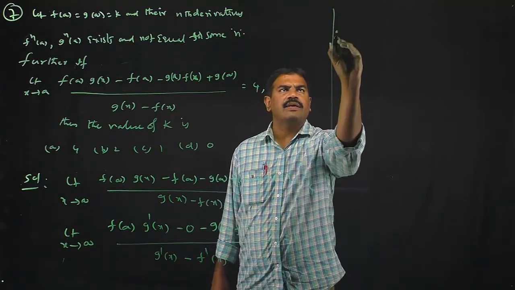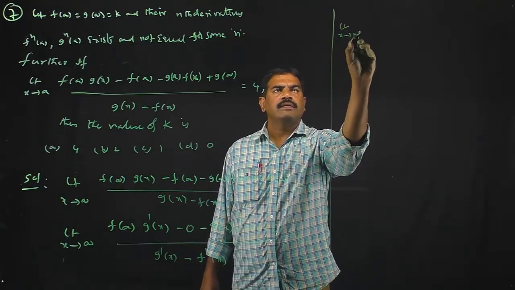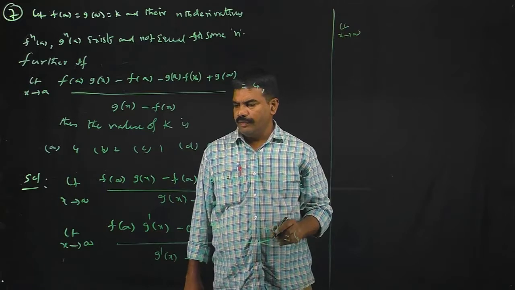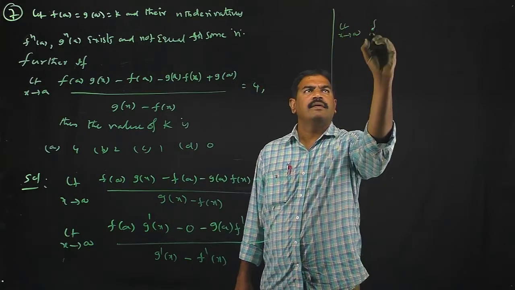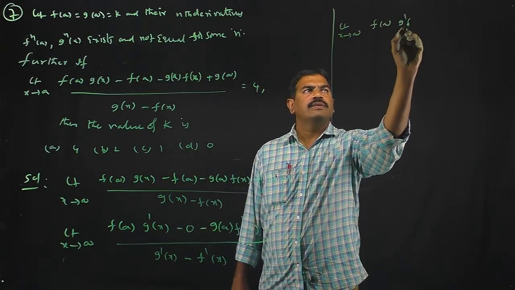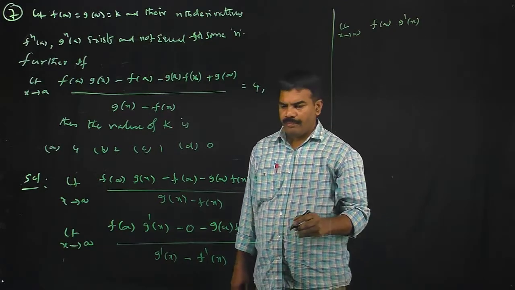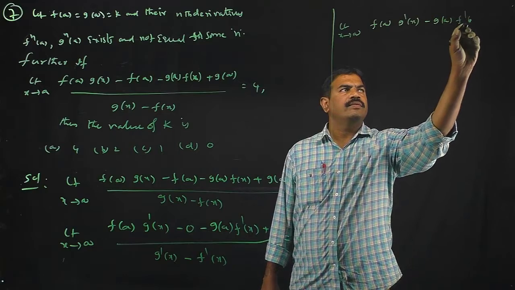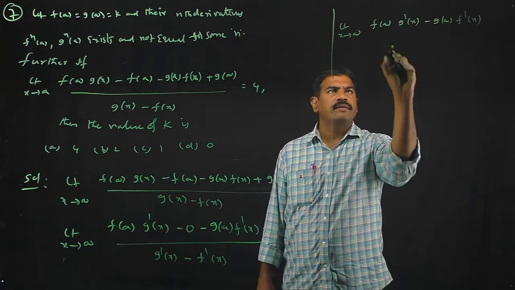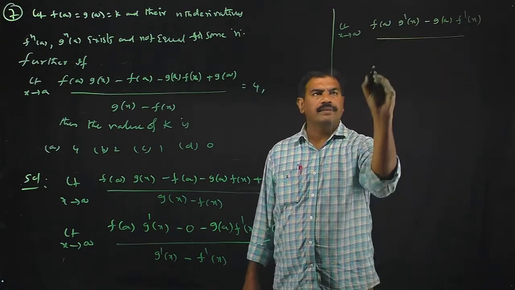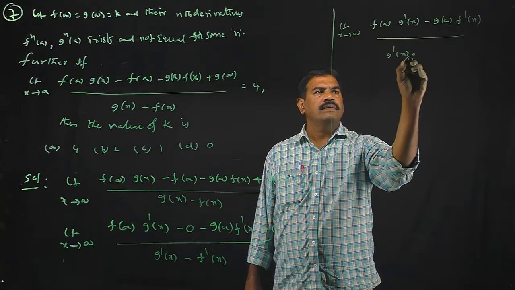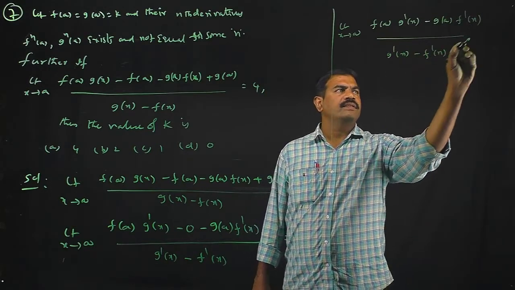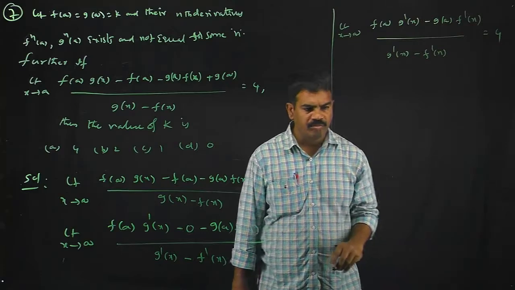Limit x tends to a of (f of a into g dash x minus g of a into f dash x) by (g dash x minus f dash x) is equal to 4.